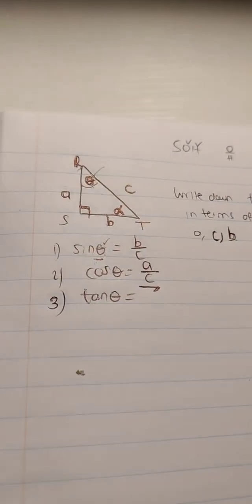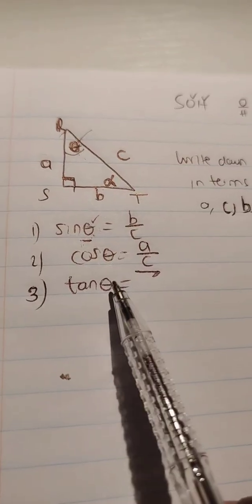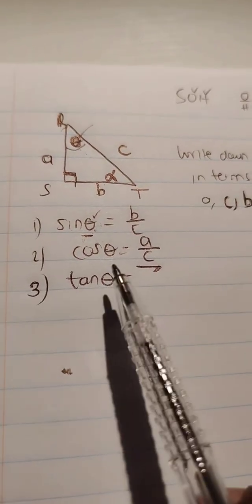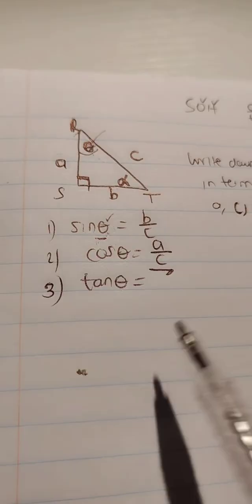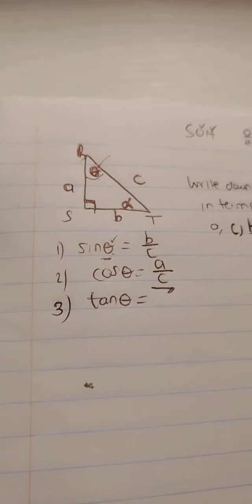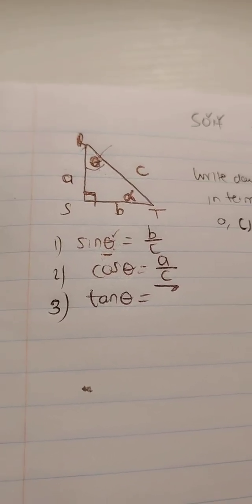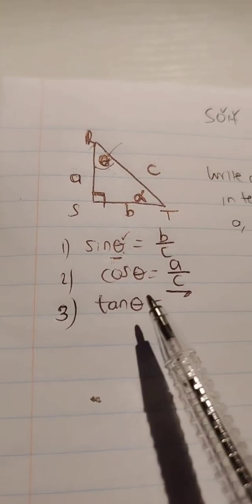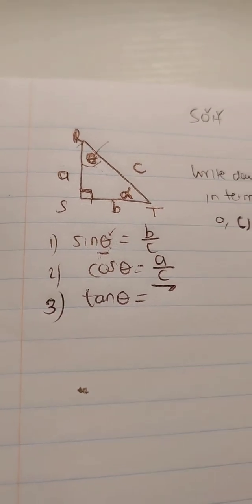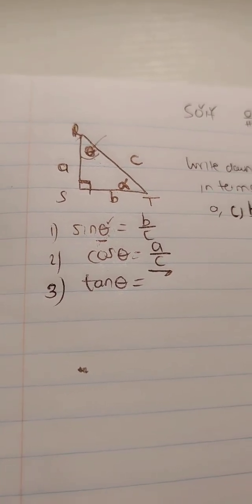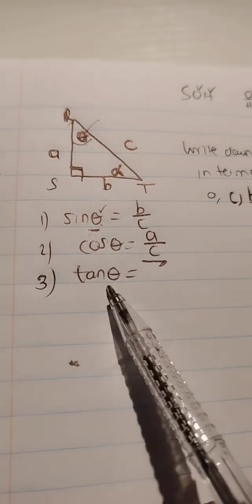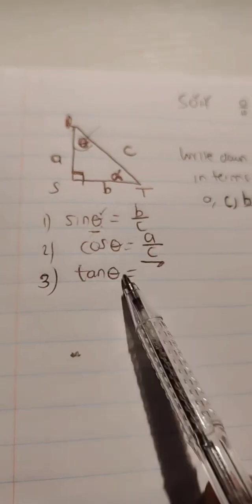The important lesson you need to walk away with is to always check the angle that we are referring to. Define your opposite side and your adjacent side according to the angle given. Check the angle we are referring to and define your sides in relation to the angle given.